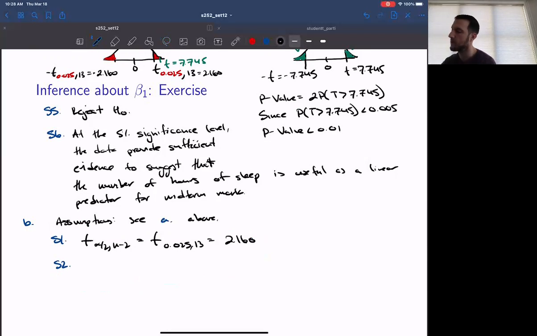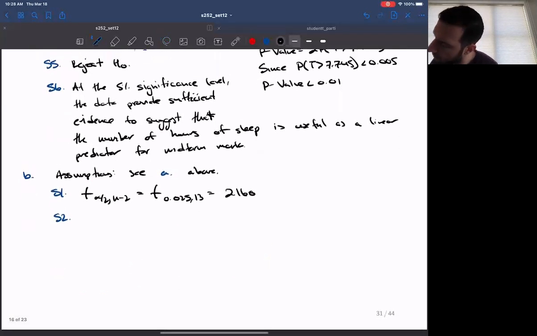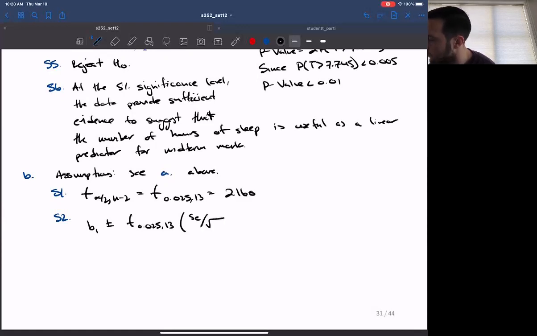Okay, so on step 2, we have b1 plus or minus our t value multiplied by SE over the square root of Sxx.